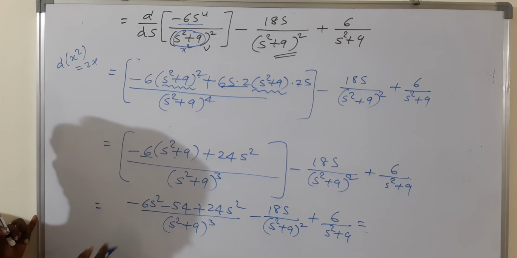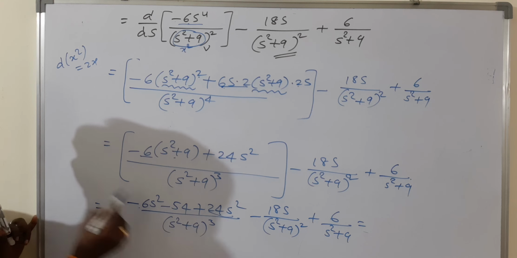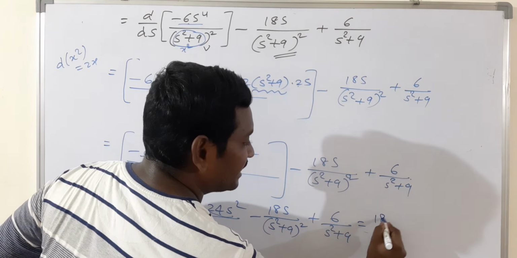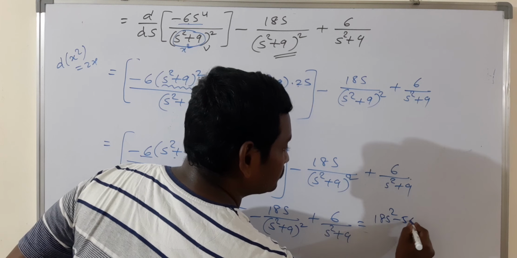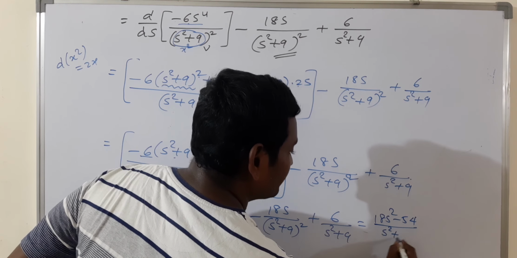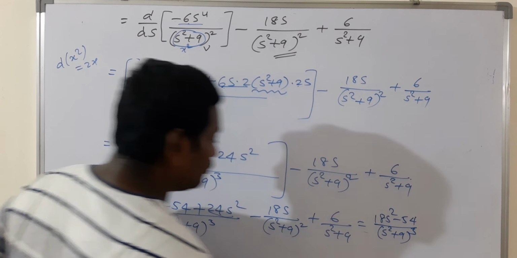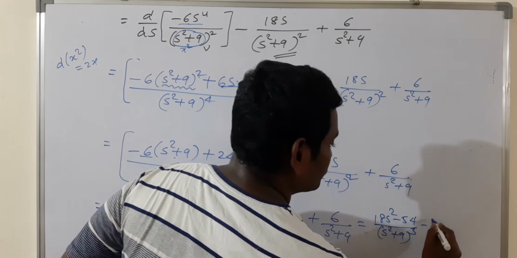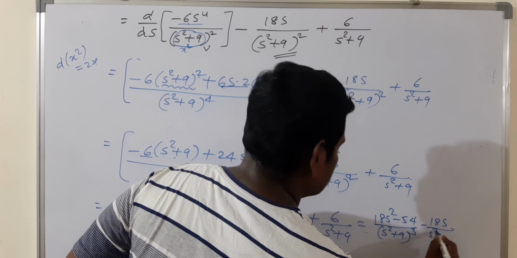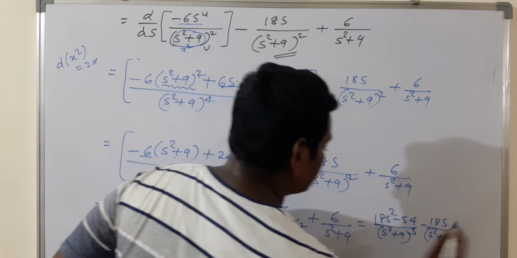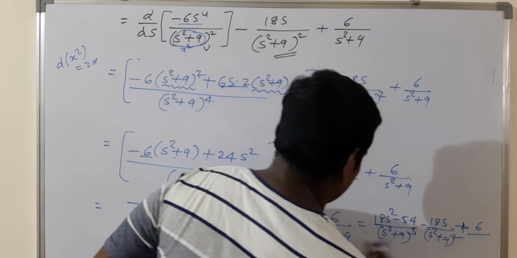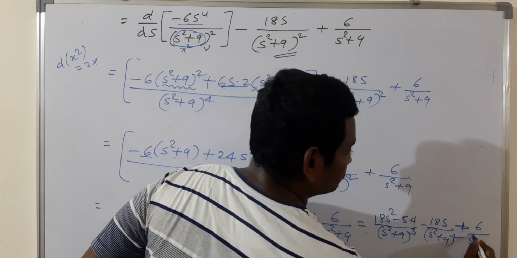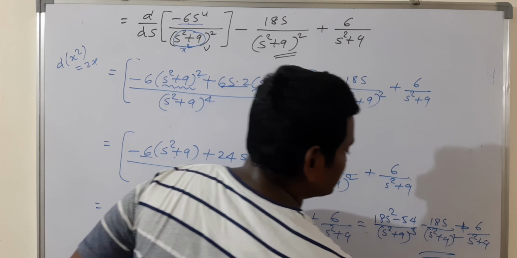This can be written as 24s square minus 6s square is 18s square minus 54 by (s square plus 9) whole cube minus 18s by (s square plus 9) whole square. The last part is 6 by s square plus 9. So this is the conclusion step.